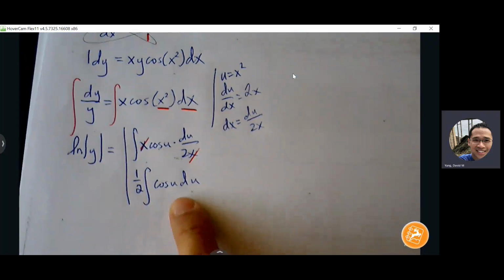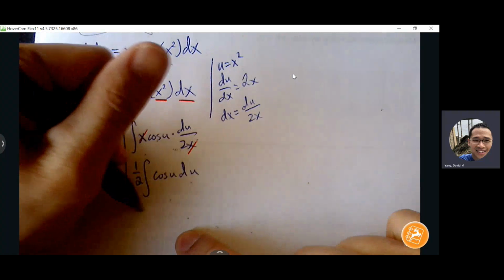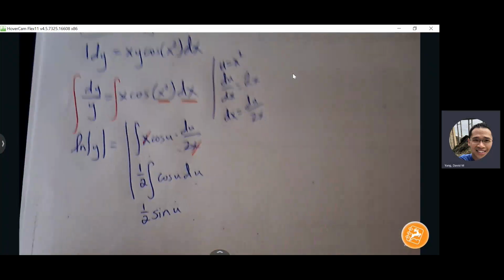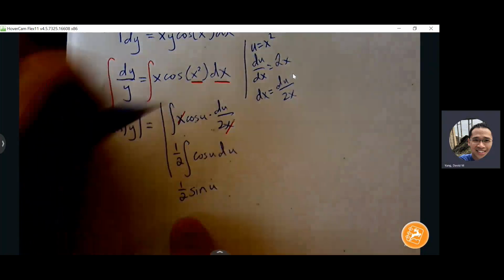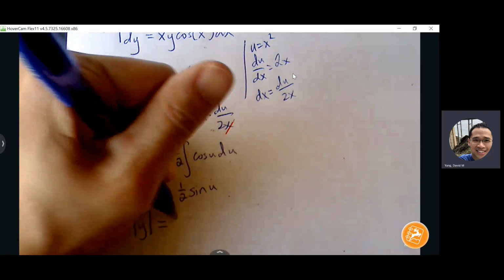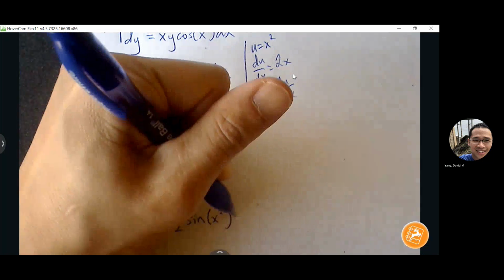Do we have a nice rule for this cosine u? Yes, cosine becomes sine. And then replace this u back in terms of x. Okay, so now we're at the same level. So the left side is taken care of. The right side is now also taken care of. Plus c.